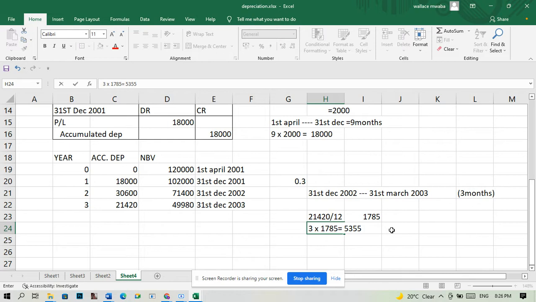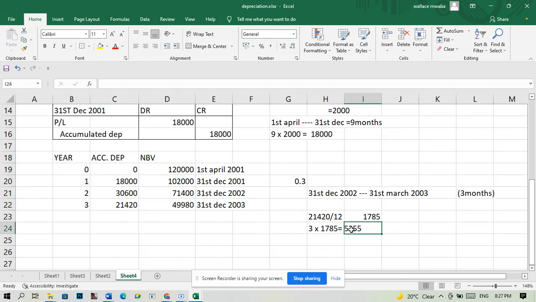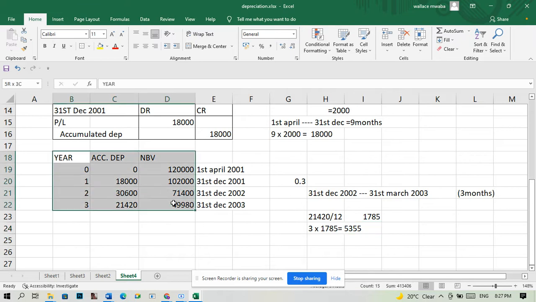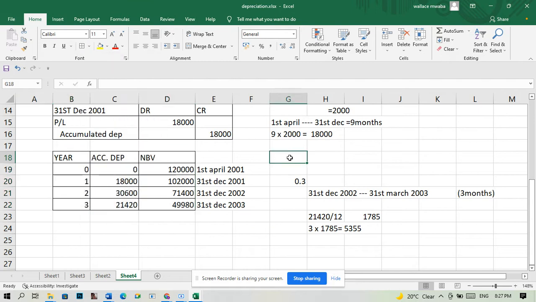That's the accumulated depreciation till March 31st. Yes, we have calculated the depreciation here, but this 5,355 is what's going to appear in our accumulated depreciation account.